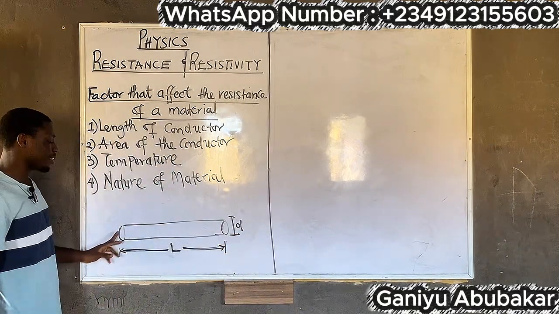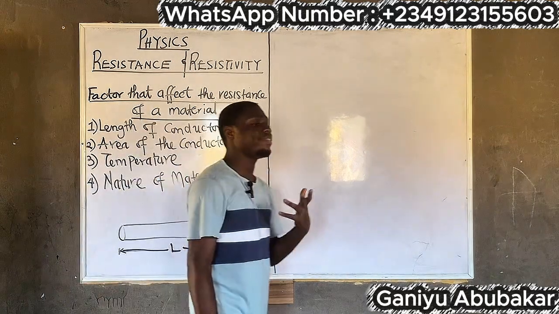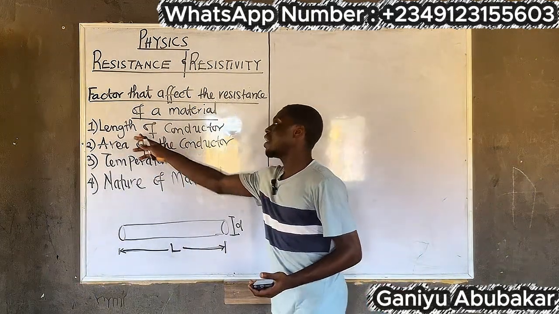So this conductor has a specific length and a diameter. Now, how does length affect resistance?